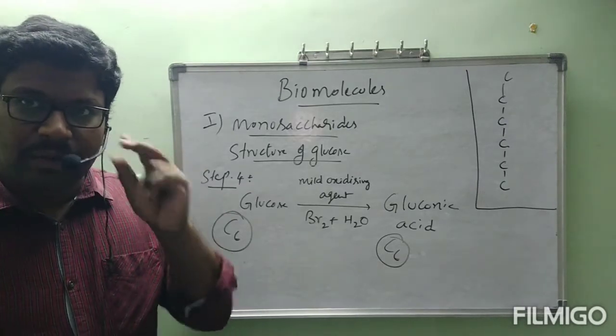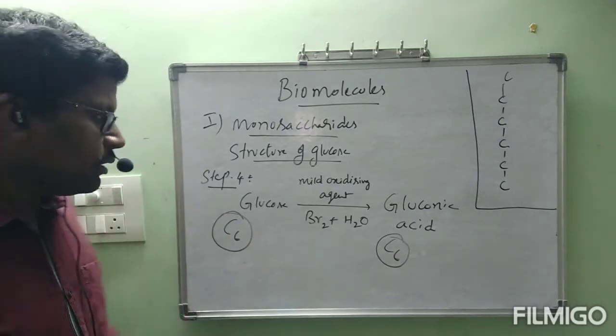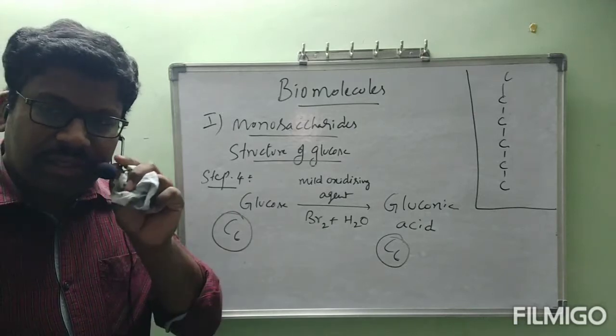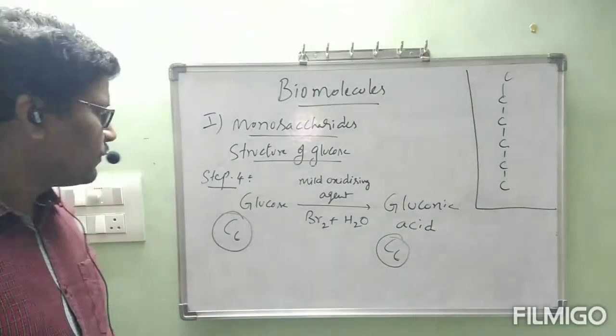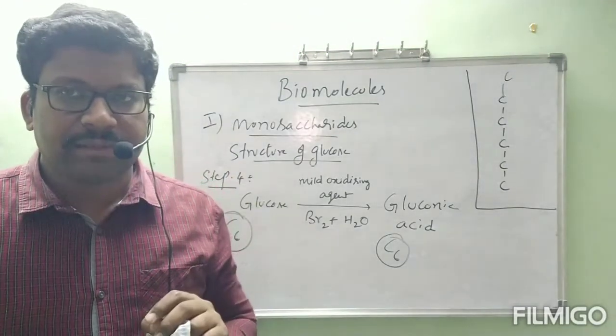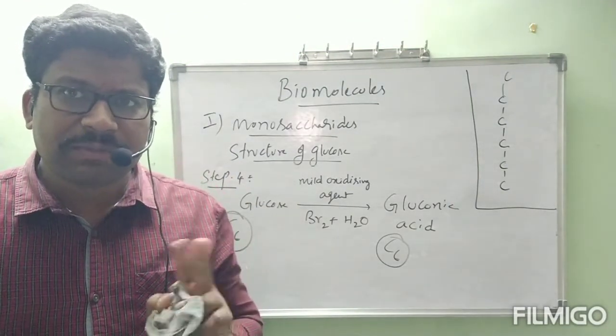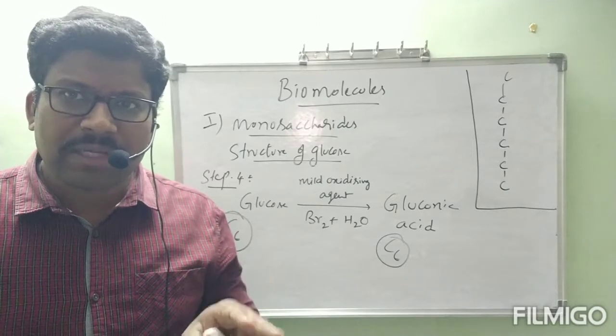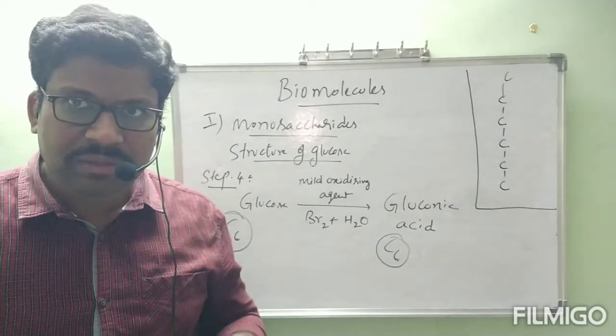Now, before going on, our doubt is: by using step 3, we can say that a C double bond O group is present. That C double bond O is aldehyde or ketone, that is our doubt.